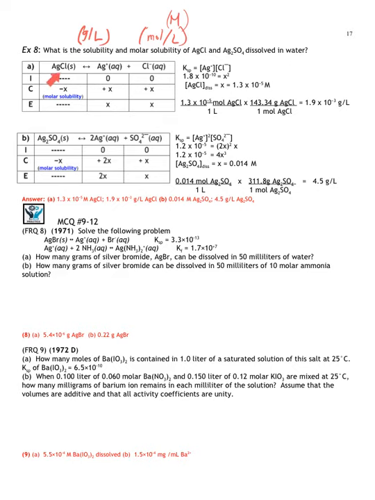We're going to use the equilibrium constant, because this occurs at the saturation point. It's the ratio of the products, which are the two ions, over the reactants, which is a solid, and the concentrations of the products at equilibrium.